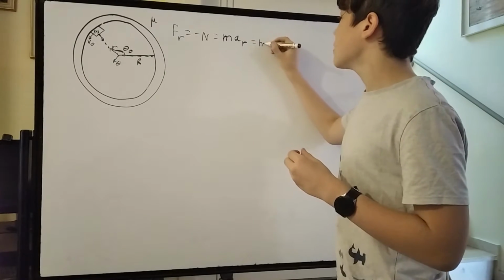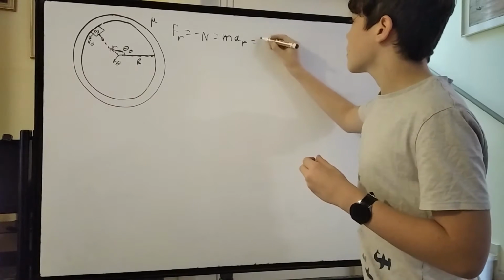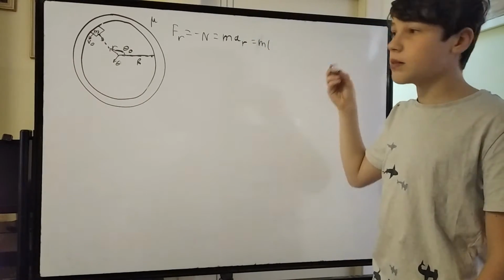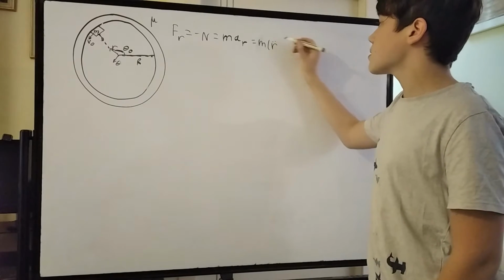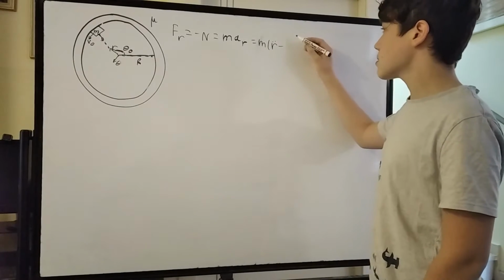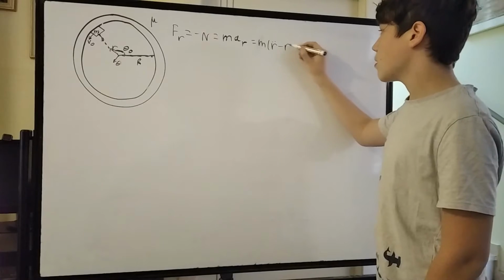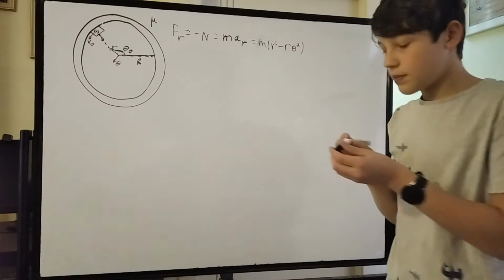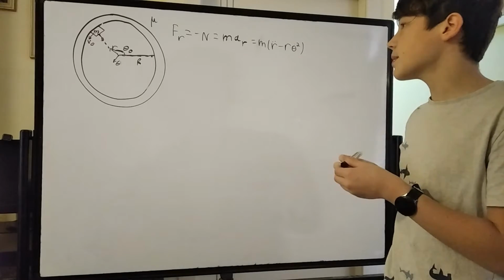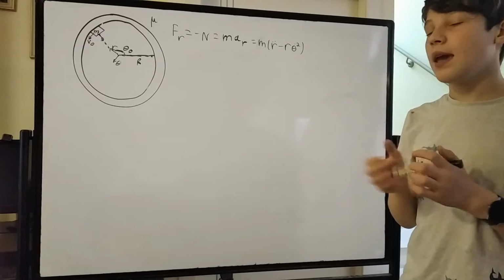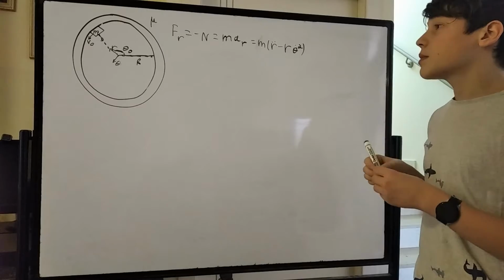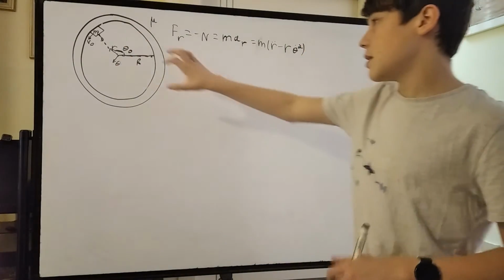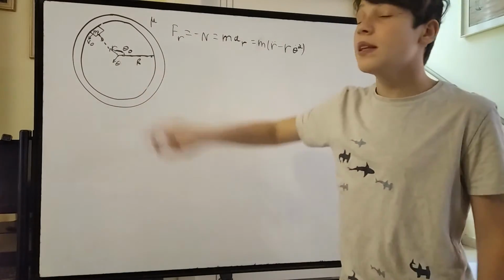So this is going to be mass times, the radial acceleration is r double dot minus r theta dot squared, where r represents the radius, theta represents the angle. But we know that this mass m spins in a circle where the radius is constant.